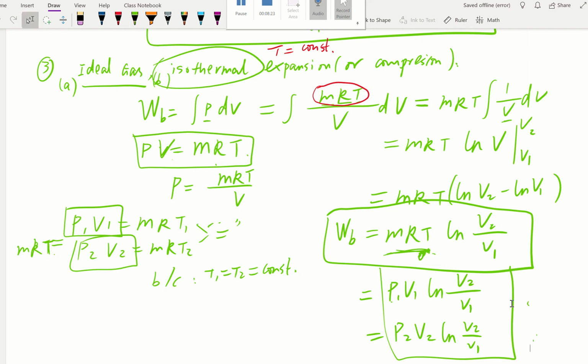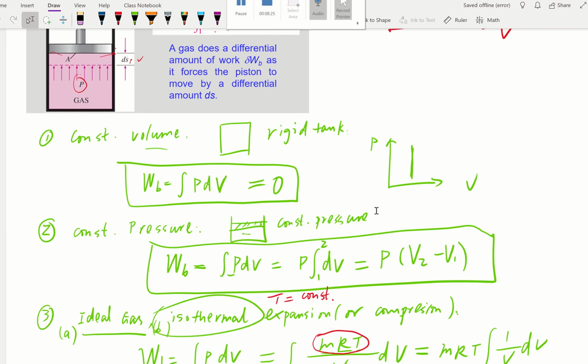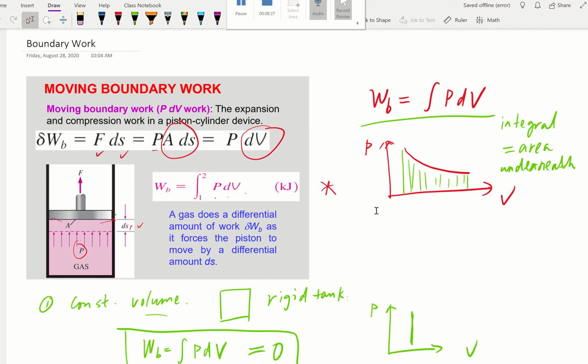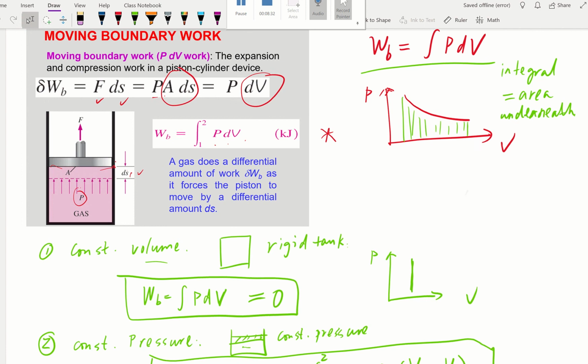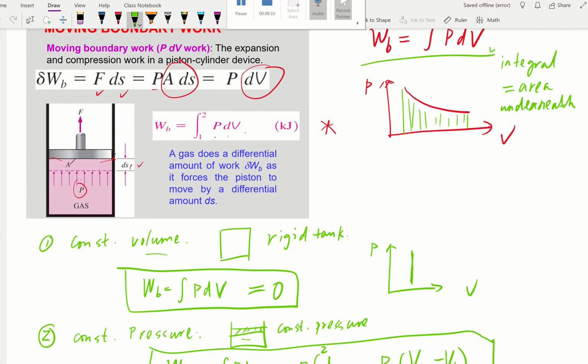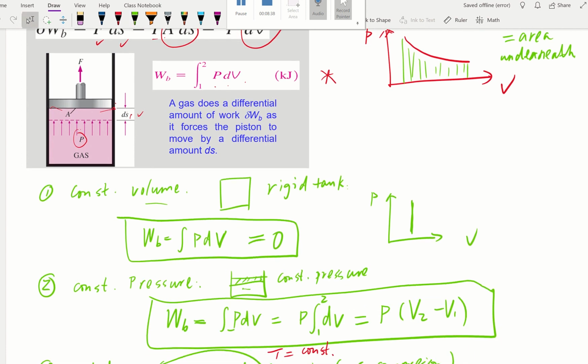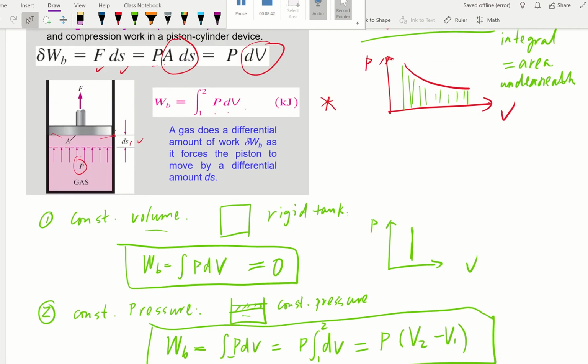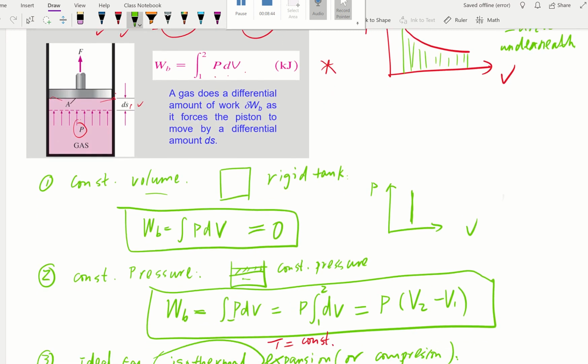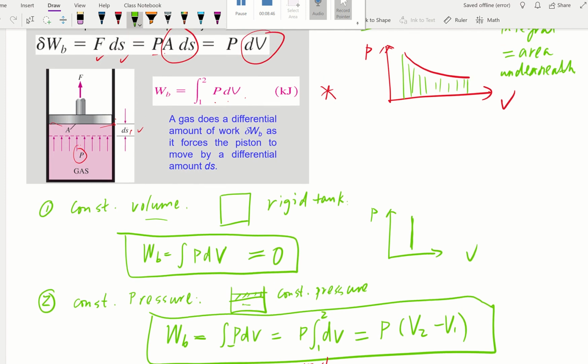So that is the boundary work. Let's wrap it up. The governing equation is the integral of P dV, which is the area underneath the curve. If it's constant volume, there's no boundary work; it's equal to 0. If it's constant pressure, pressure can be taken out.